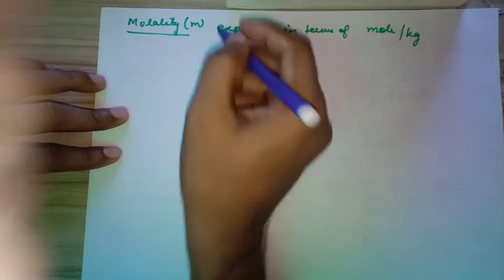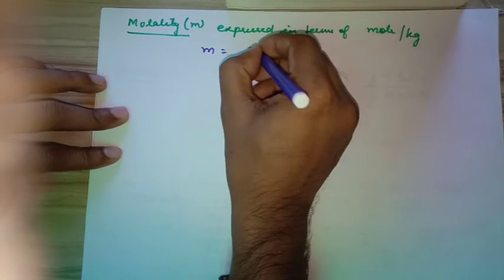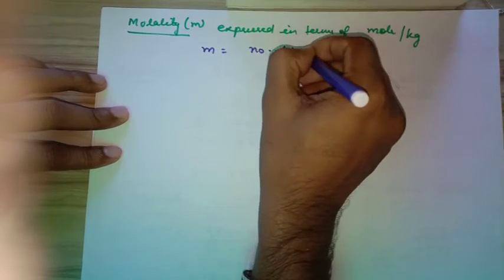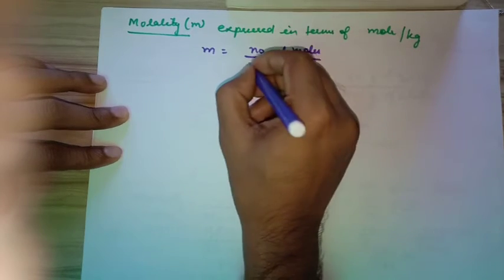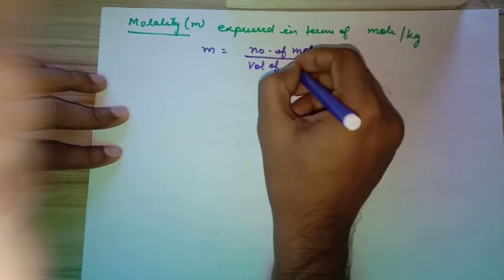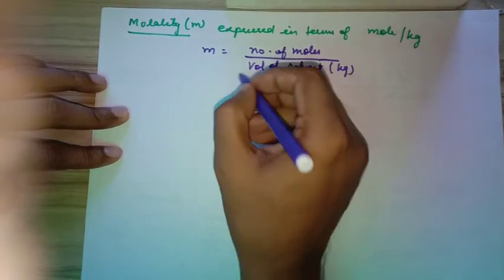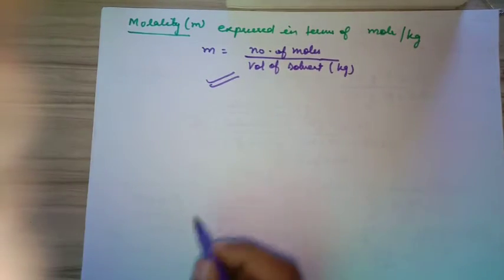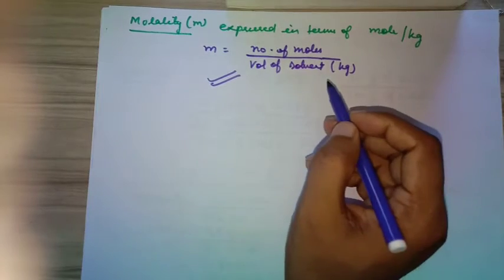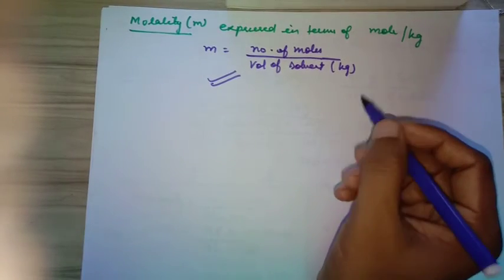So for molality, we have to remember that it will be number of moles upon mass of solvent in kg. This is the only case where the solvent is taken and that in terms of kg.